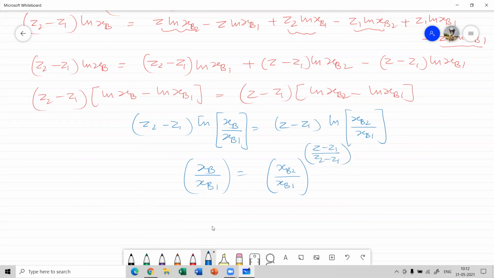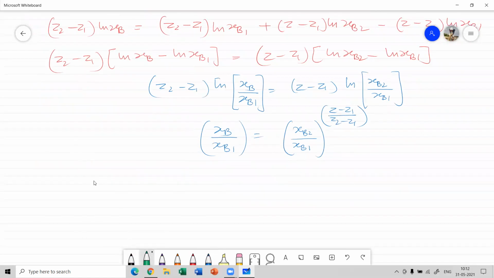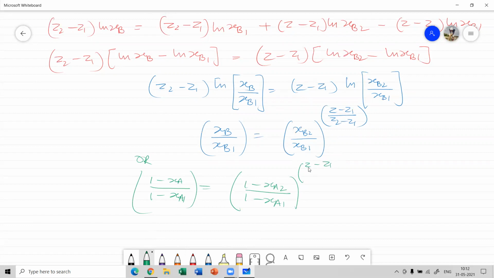Or it can also be written in terms of xa, since xb is 1 minus xa: 1 minus xa over 1 minus xa1 equals 1 minus xa2 over 1 minus xa1 raised to power z minus z1 over z2 minus z1. So this is the expression of your molar fractions for diffusion of a liquid through a stagnant gas.